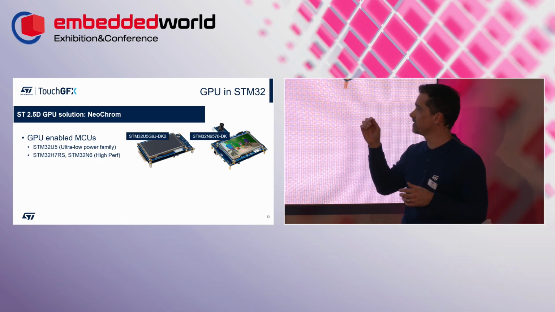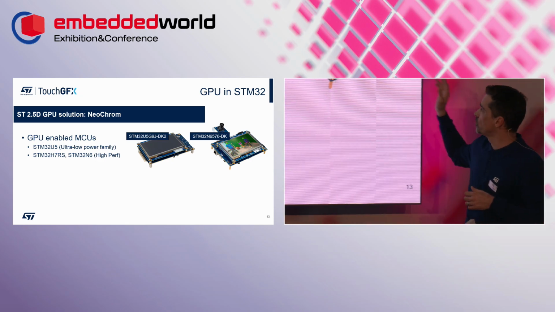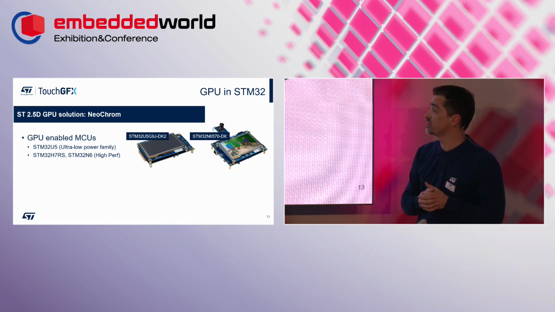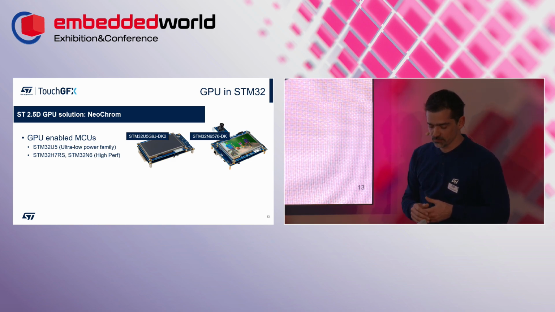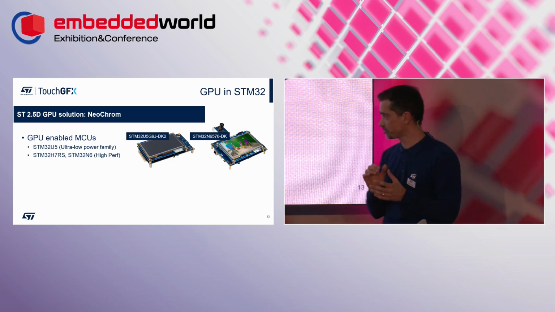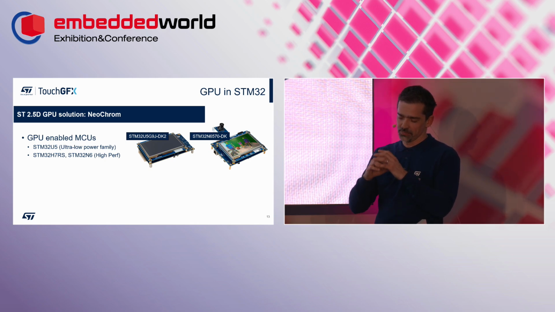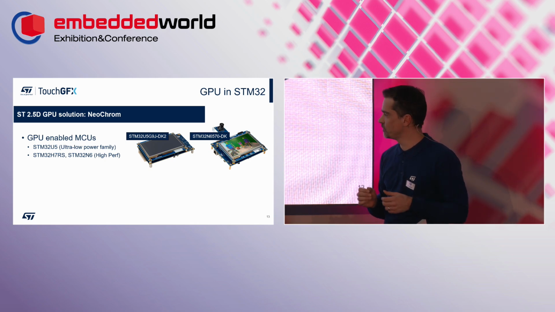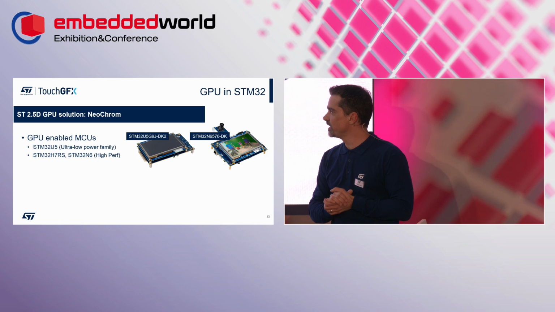And then, of course, we find this Neochrome as well on more recent products such as H7RS and the N6. These are high-performance products. So they are big anyway, so let's put a GPU inside. But the U5 is a good example.